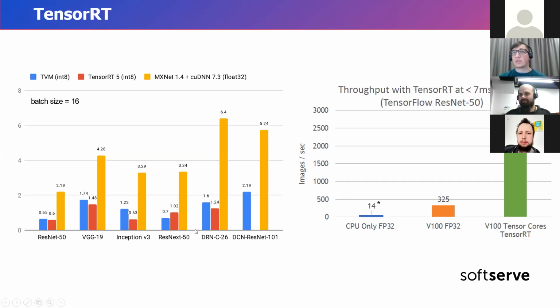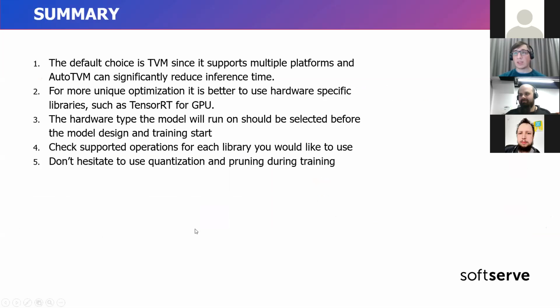And to sum everything up, I would recommend using TVM as a default choice for optimization of the neural network, since it supports different platforms and is usually easy to go. And TVM has a very interesting feature, which can significantly reduce the execution time of your neural network.